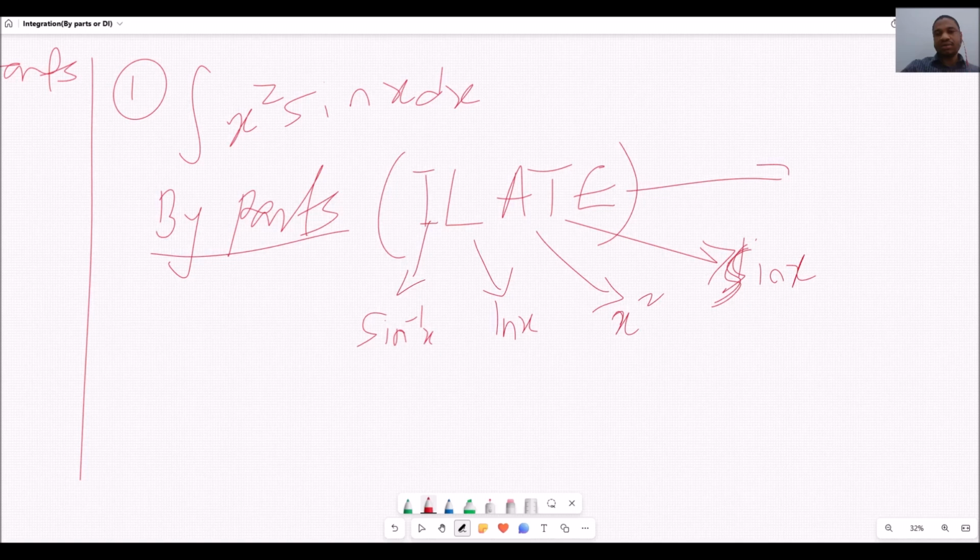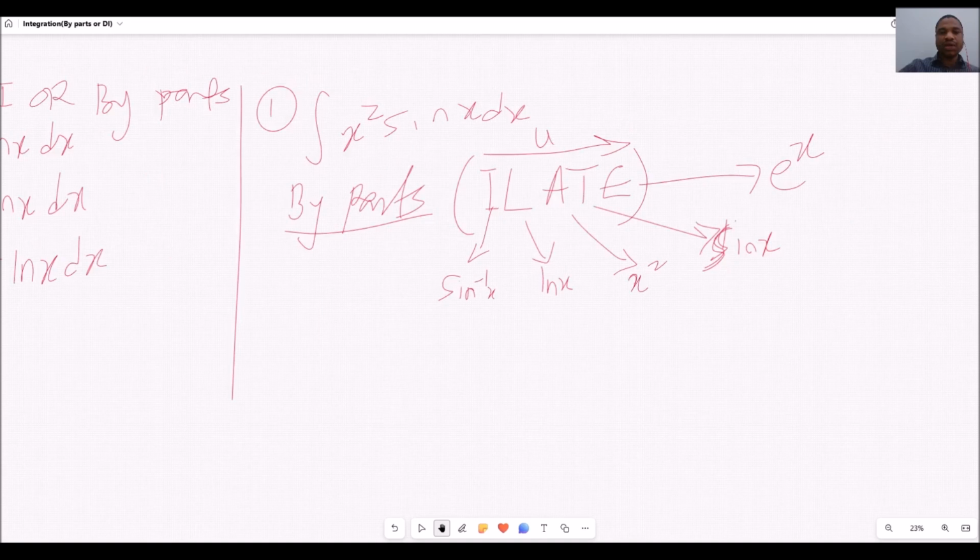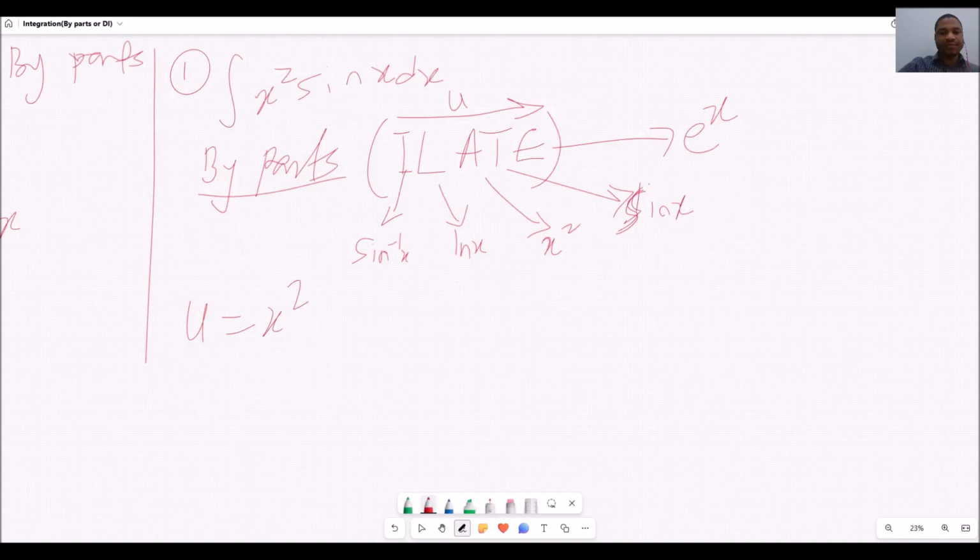So in this case, my u is going to be x squared. We should write the formula first so that we know what we're trying to do. So the formula is the integral of u dv/dx equals uv minus the integral of v du/dx.